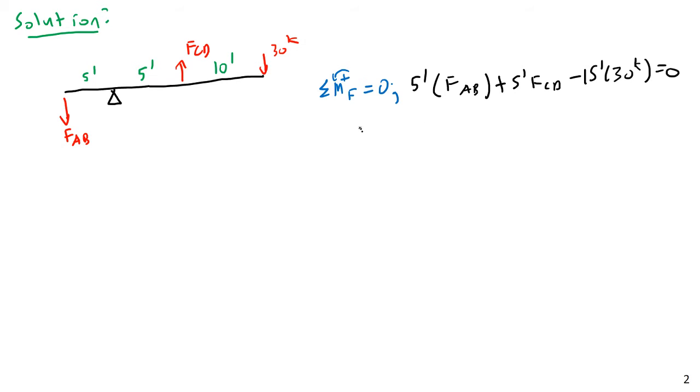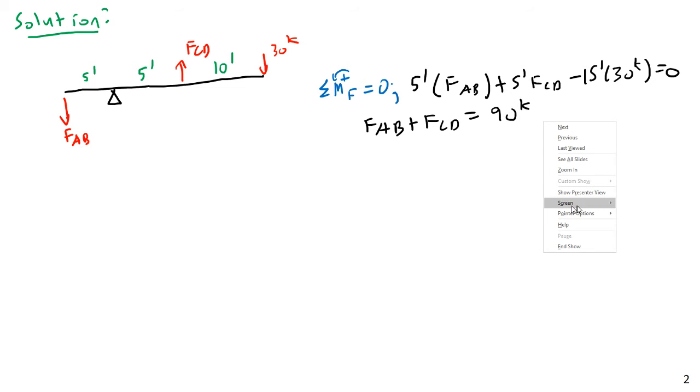And we get the relationship F_AB plus F_CD is equal to 90 kips. I'm going to dub this equation 1.